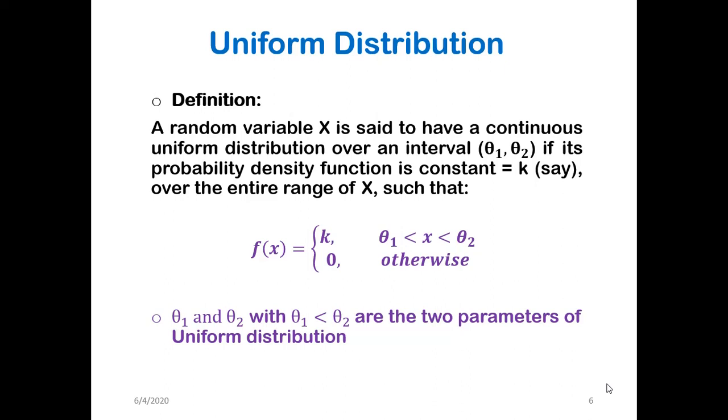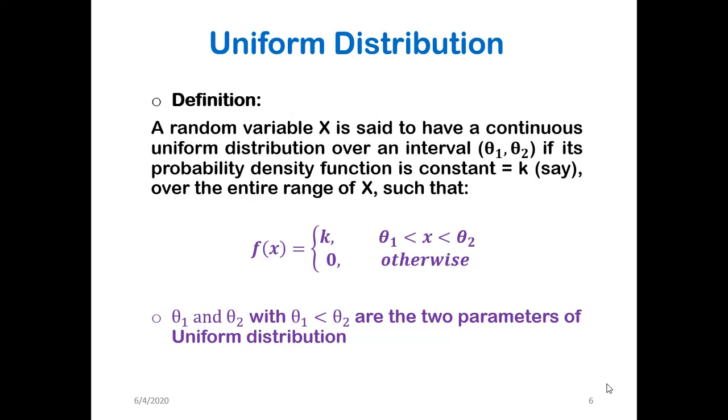A random variable defined over the interval theta 1, theta 2 is said to follow a uniform distribution if its probability density function is given by that formula, that is f of x equal to k if x is defined between theta 1 and theta 2, otherwise it will be equal to 0.